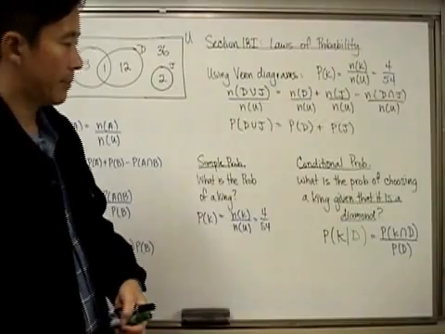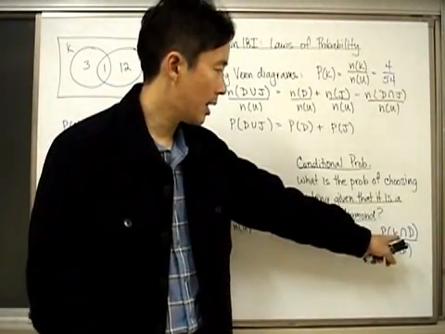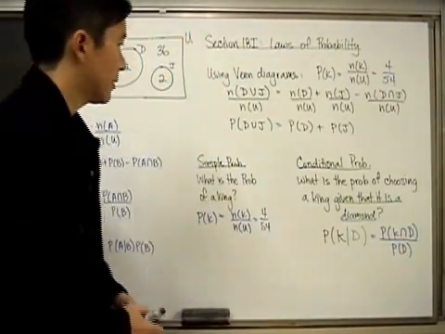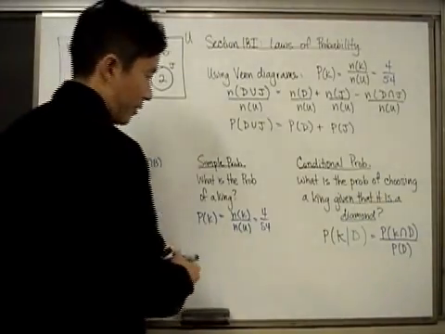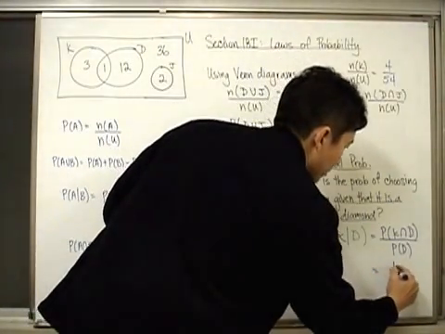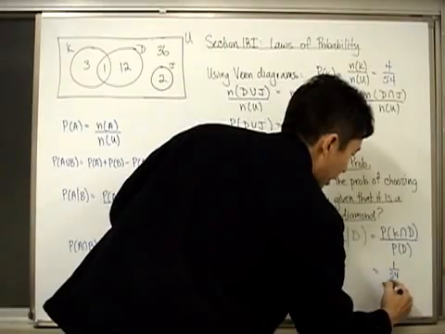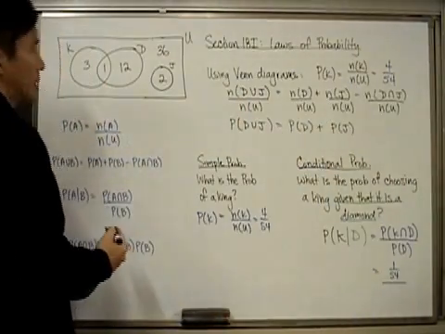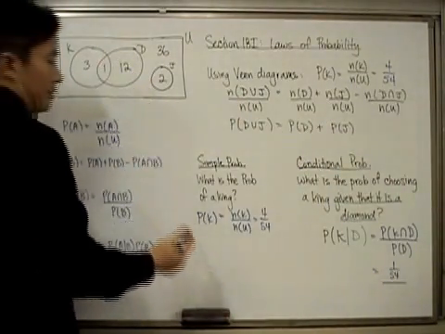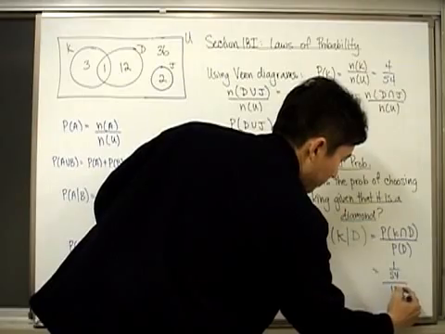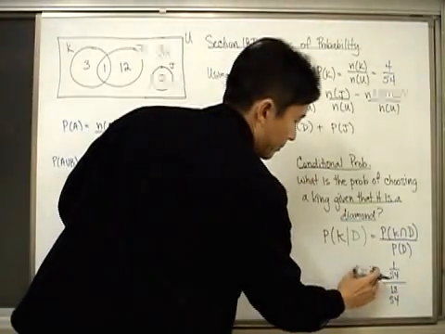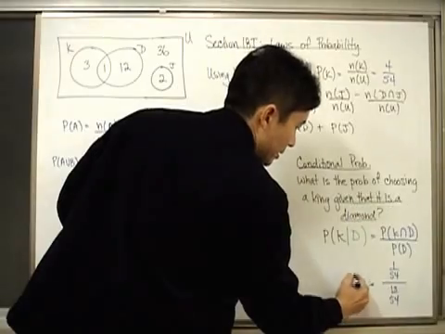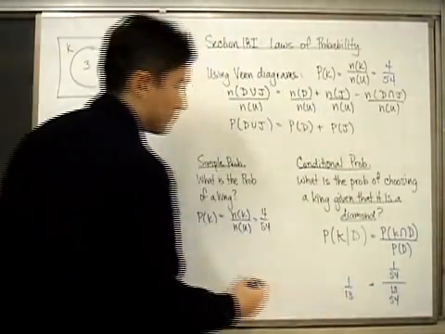The probability of K and D, that's right over here. That's 1 over 54. And what is the probability of actually getting a diamond? Well, that's going to be 13 over 54. And sure enough, if we simplify this, this is just going to be 1 out of 13.